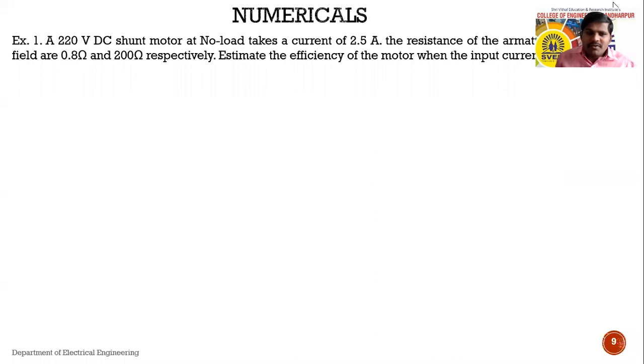Okay, we want to estimate the efficiency of the DC motor when the input current of the machine is about 32 ampere. So all of you read the problem carefully and write down the given data.